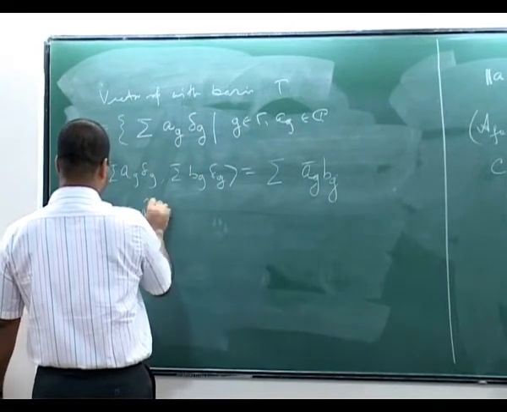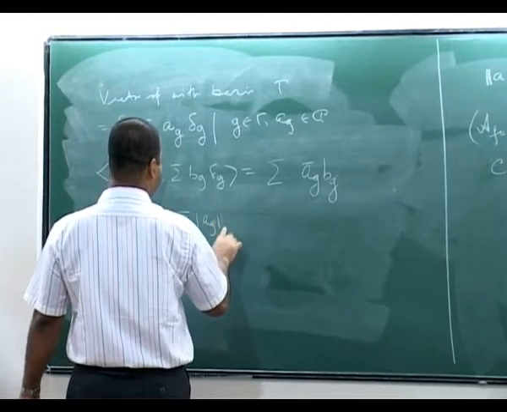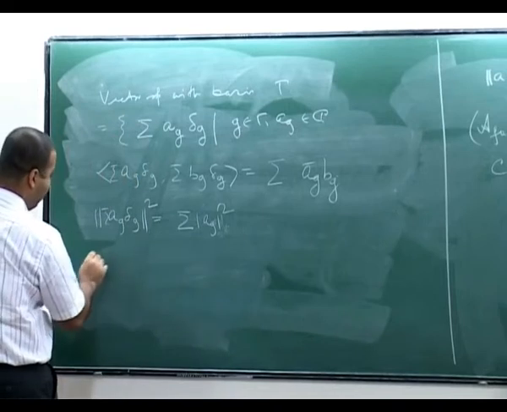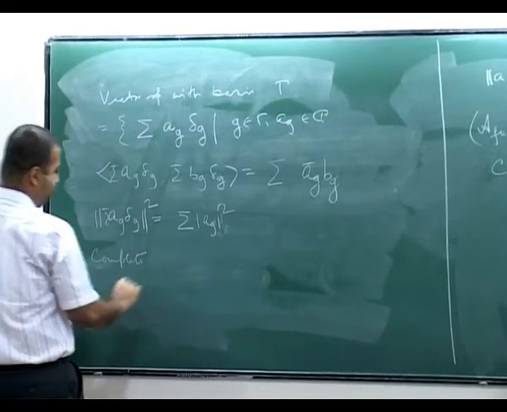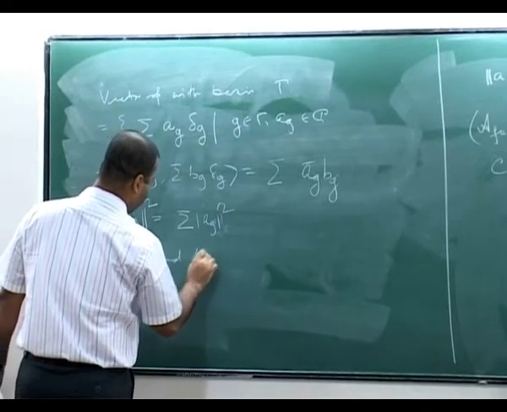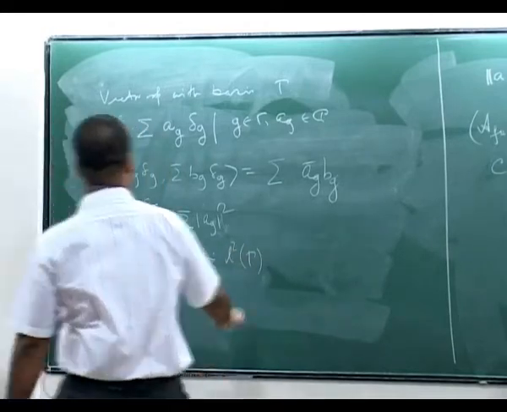So its norm square is summation mod AG square. So you complete this vector space. That is called L2 gamma, and it has nothing to do with the group.